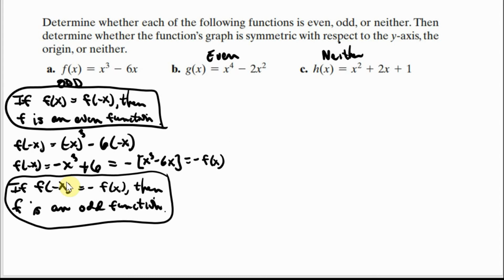So if I put a negative here for x and run that through, I did that here, and if that gives me the negative of the function, negative times the original function, then the function is odd. But if I run the negative through and I get the original function, then the function is even. Let's see what happens with part B.